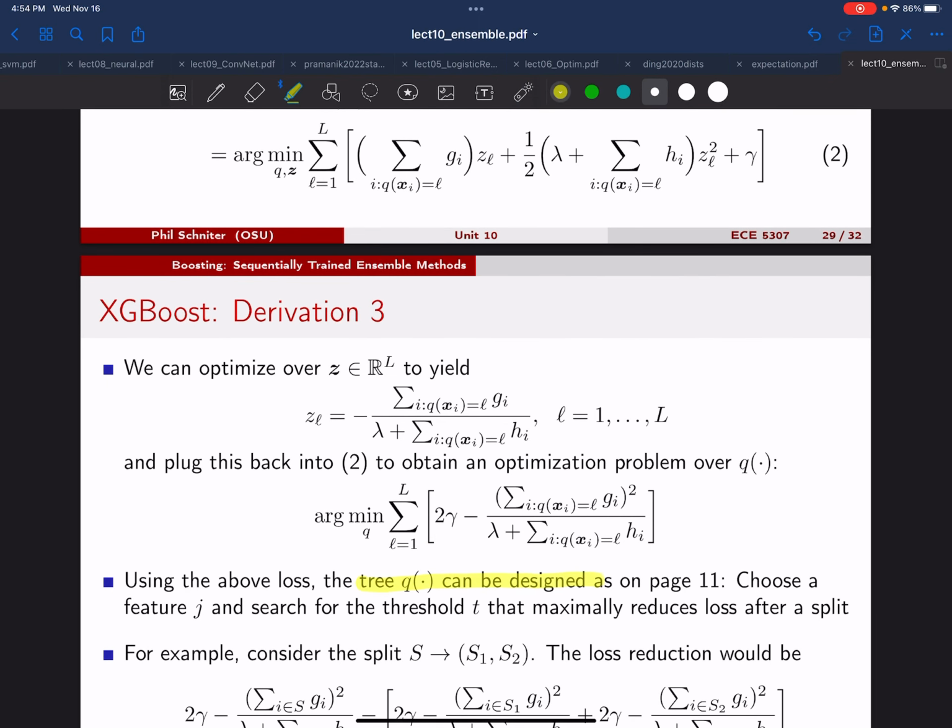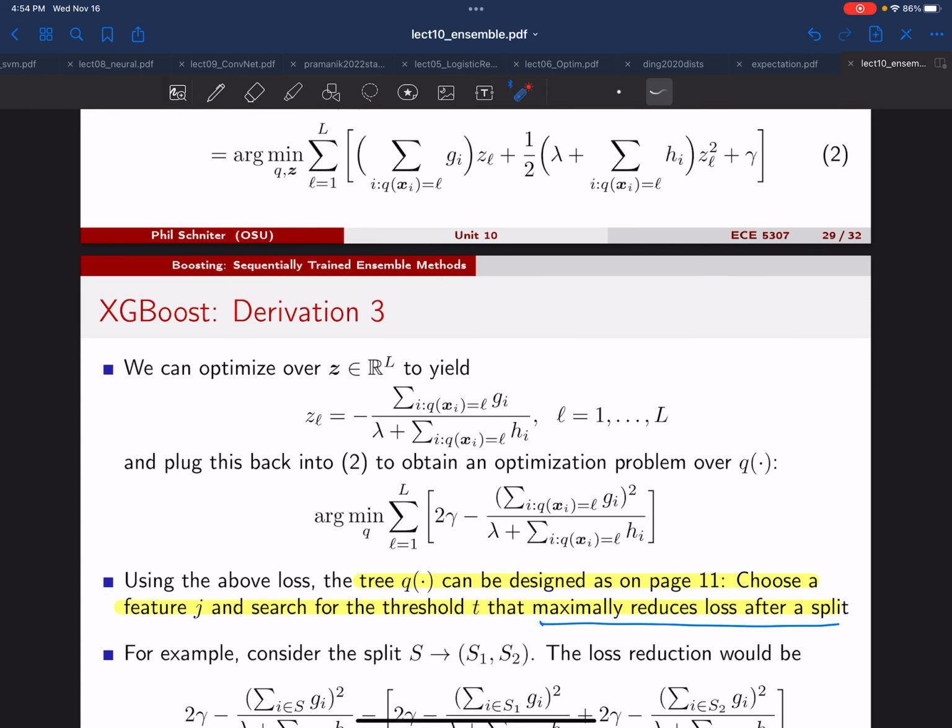The tree can be designed just as we did before, where at every stage of designing the tree, you choose a single feature J and search over a threshold that maximally reduces loss after the split. And now the loss that we're working with is this.